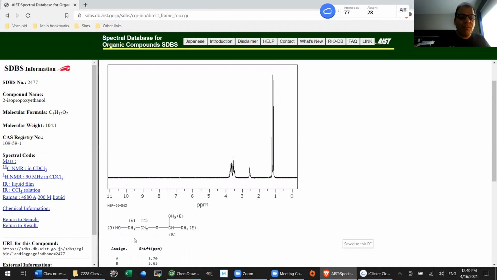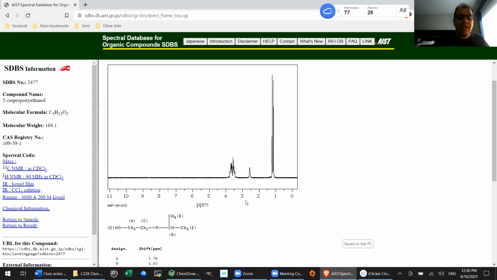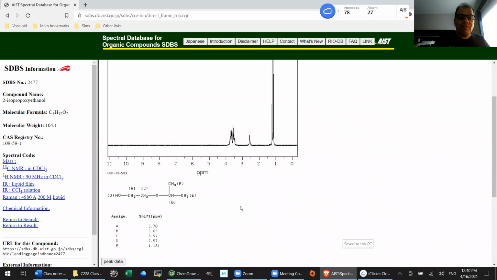So it looks to me like we've got 1, 2, 3, 4 types of hydrogen, in the ratio of 2 to 2 to 1 to 6. And I think we're definitely seeing that. These 2 types of hydrogen are kind of running into each other. This one would have to be the OH group, at least I think. Let's make sure about that.